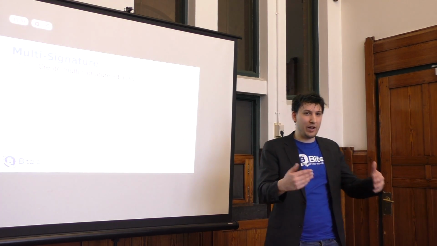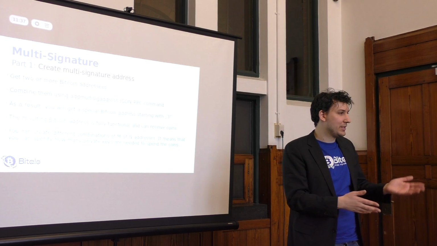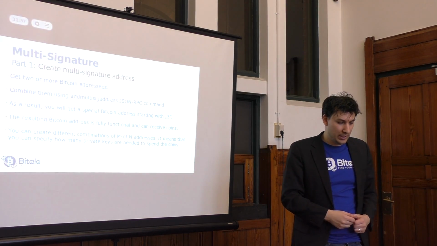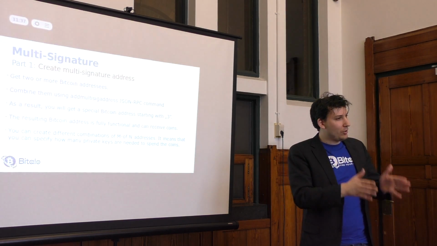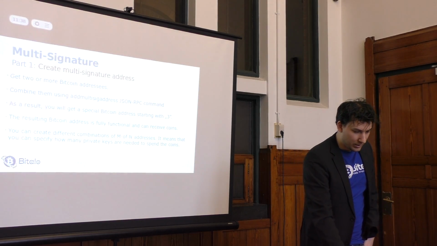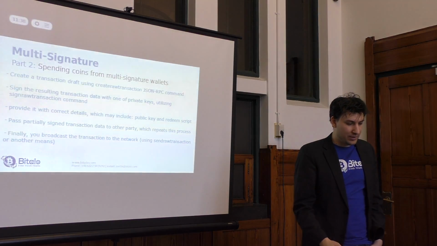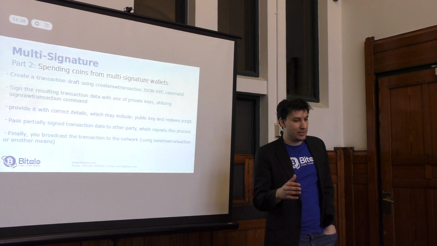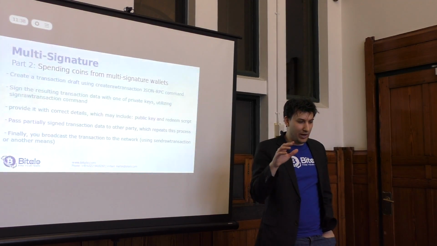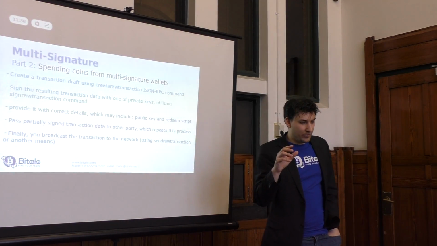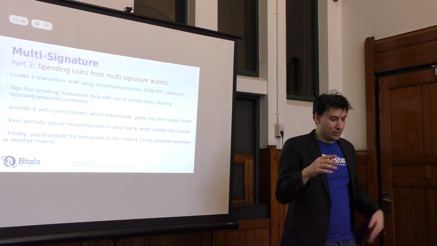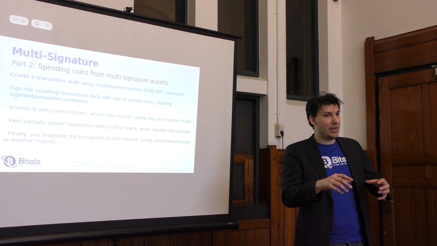And then you need 5 confirmations, or maybe 6, and you need to have a majority. And only then can you really spend Bitcoins. And spending the coins works like this: you again create a transaction draft, and then this resulting transaction data is first signed.